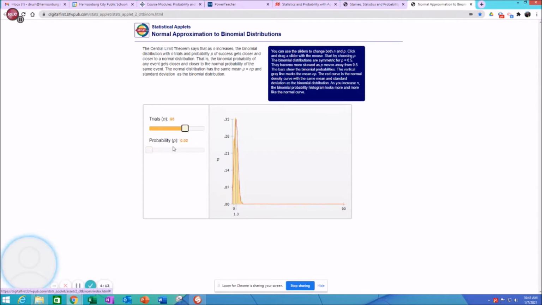So let's say I take a probability of 0.2 instead of 0.02. If I take just a small number of trials, once again, skewed, right? Not normal. But the more that I take, the more normal it becomes, the better that it fits under that normal curve.